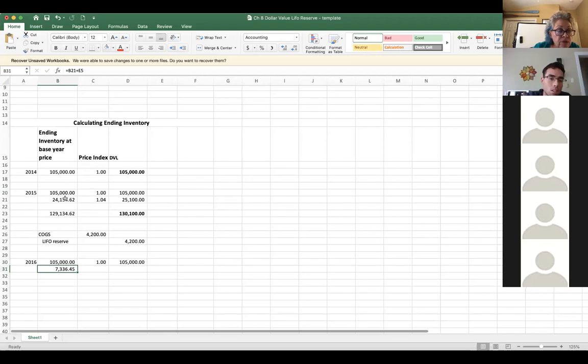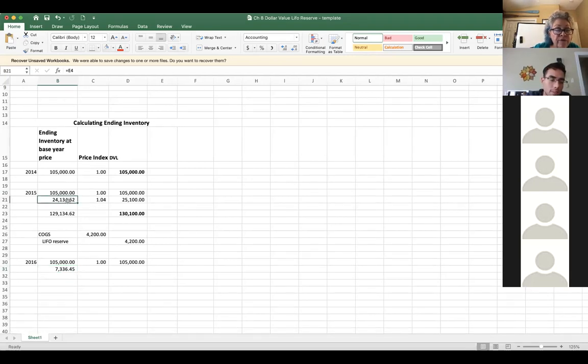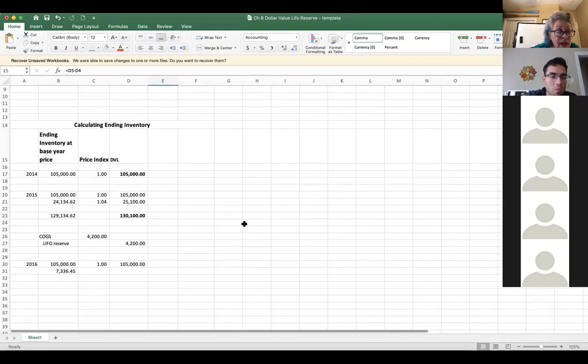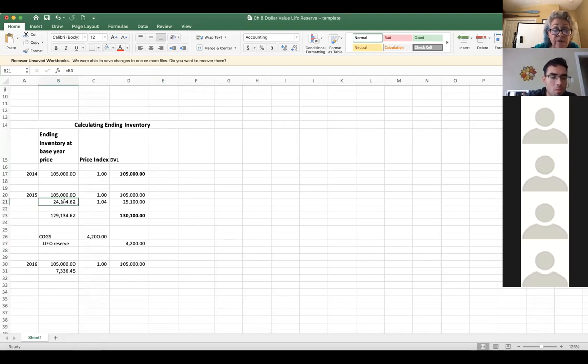Okay. So 24,134 was the last layer that was added in my inventory. Here we calculated that we liquidated a layer of 16,798.17. So that means that 16,000 of the 24 is gone. I sold it.